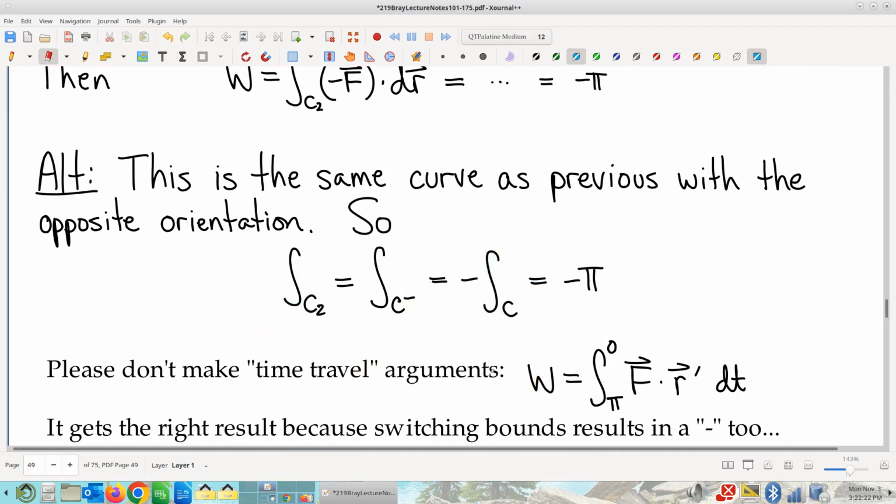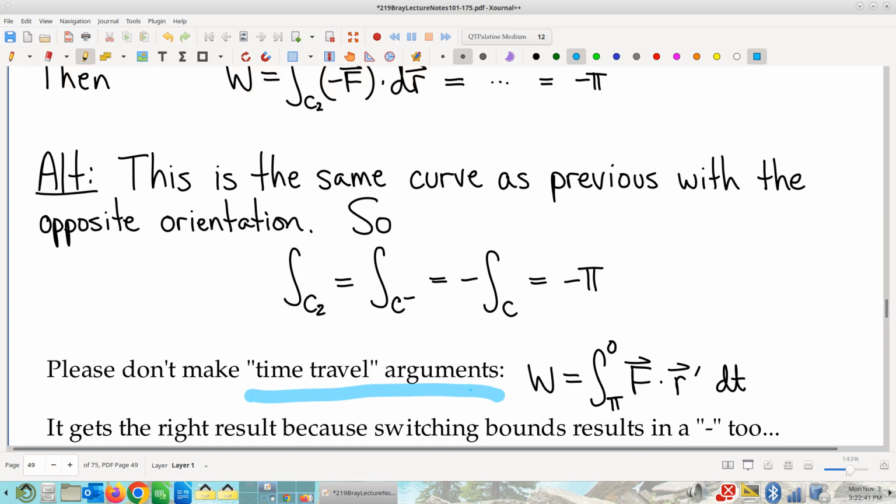Now let me show you a fourth, air quotes, way to do it. I don't really approve of this fourth way. I'm showing you just to be clear about what I don't want you to do, and that is to make what I like to call a time travel argument.